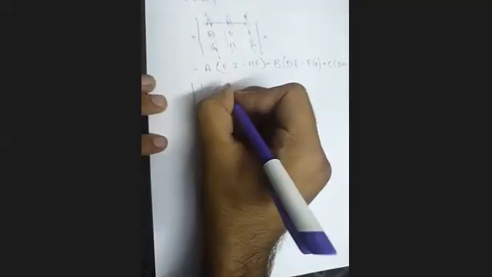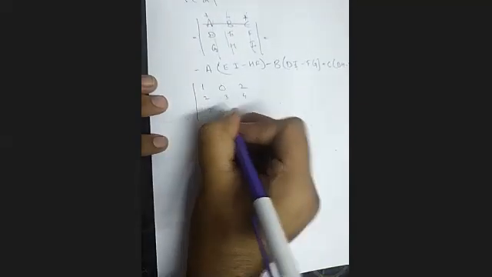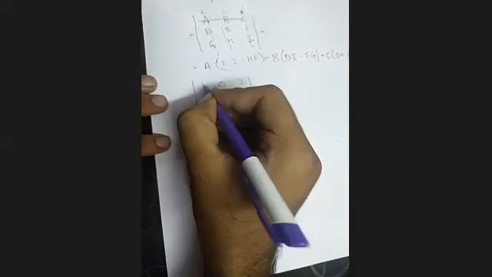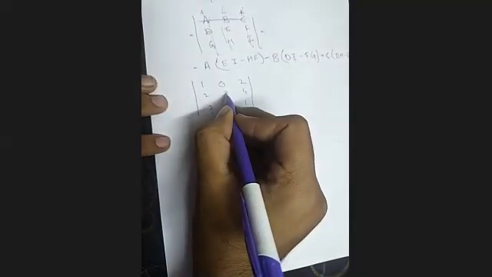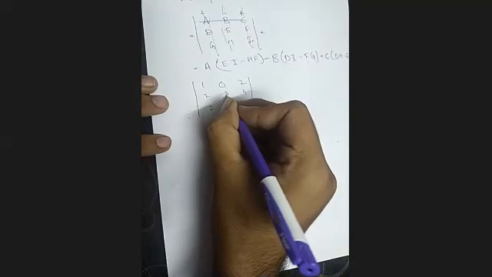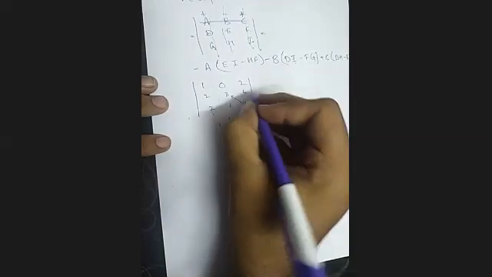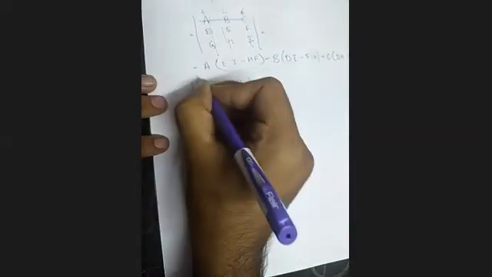Okay. Now using this formula, we will find it. So let's say we are having a matrix. This is your matrix. So now apply the formula. 1, that is your A, into, remove this row and this column. What will be left? 3, 4, 1, 1. So 3 ones are 3, 4 ones are 4, so 3 minus 4.